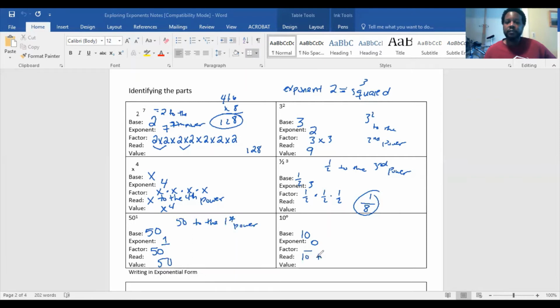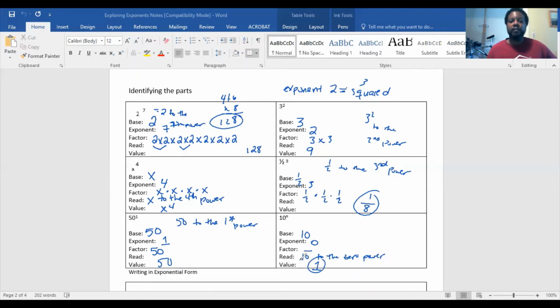Anything to the 0 power has a value of 1. Anything to the power of 1 is itself, and anything to the 0 power has a value of 1.